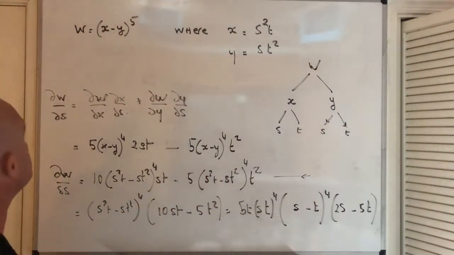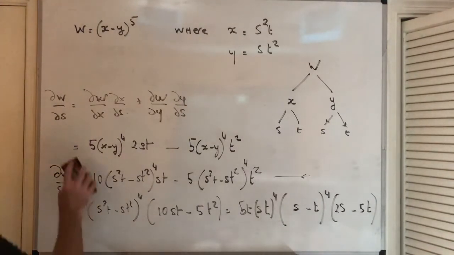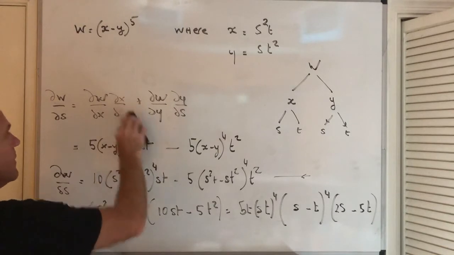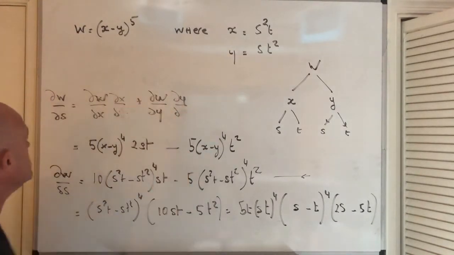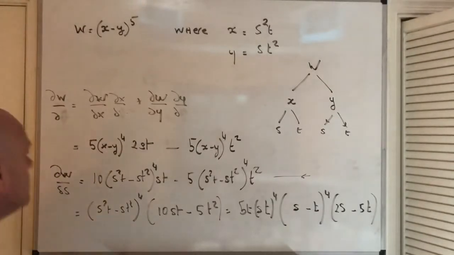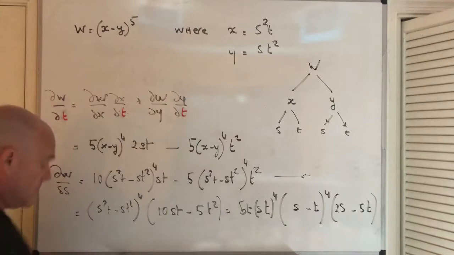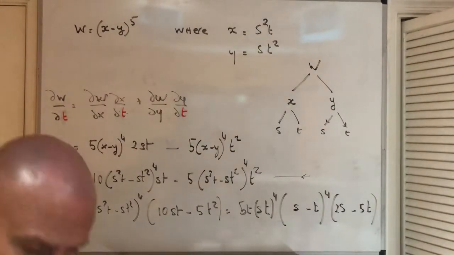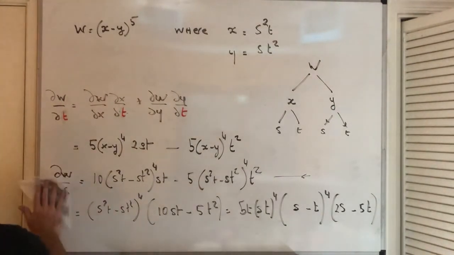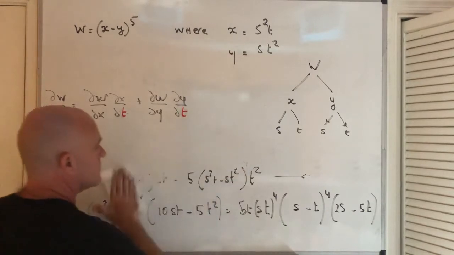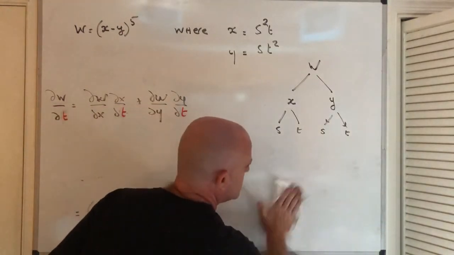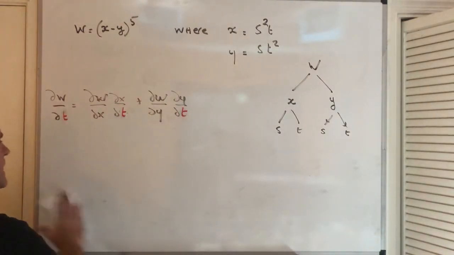Let's do, for completeness, dw over dt, but it's going to be exactly the same thing, except that now the trees tell me that you should not divide by s but by t here, so let's put it in red. And of course the result is very different in this case, although there is some similarity.